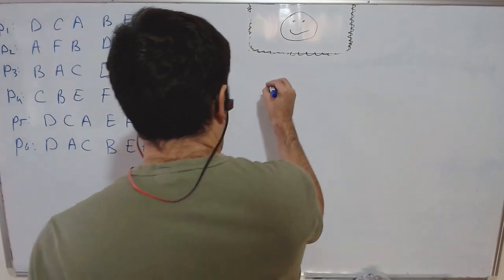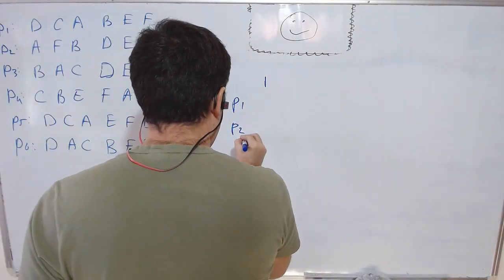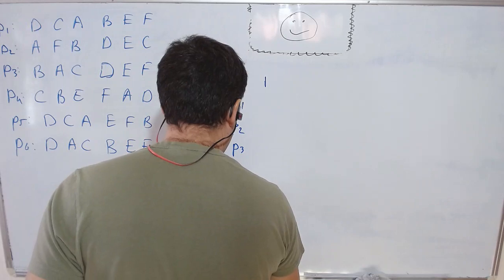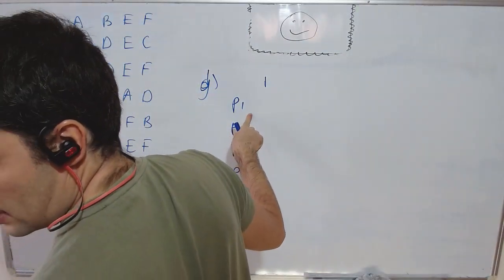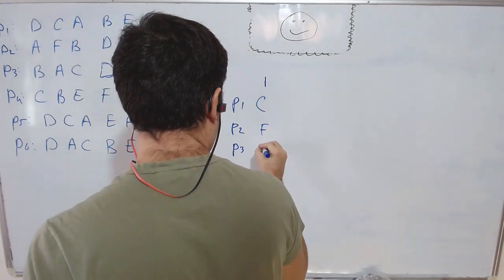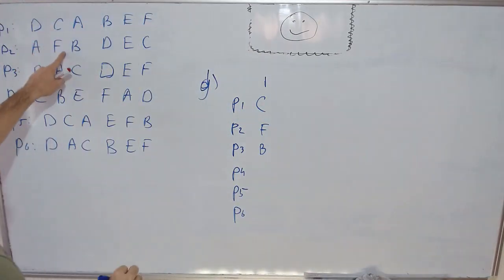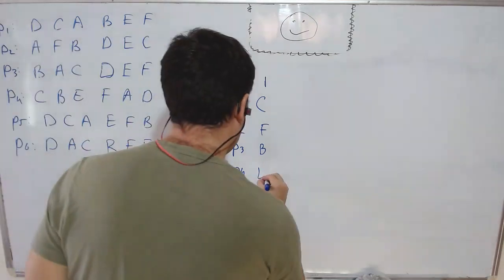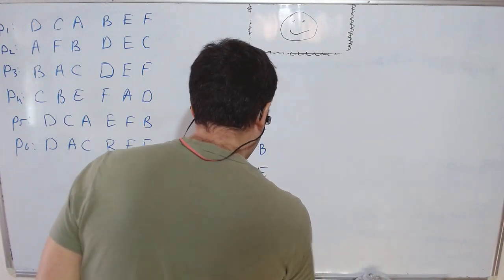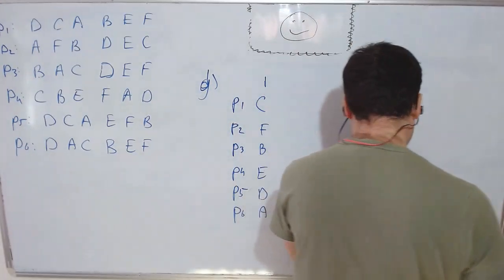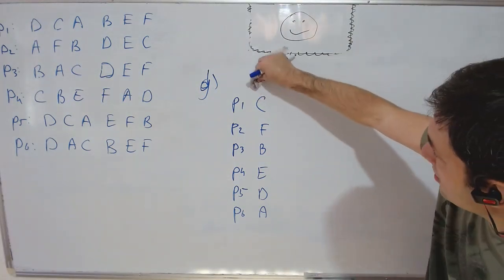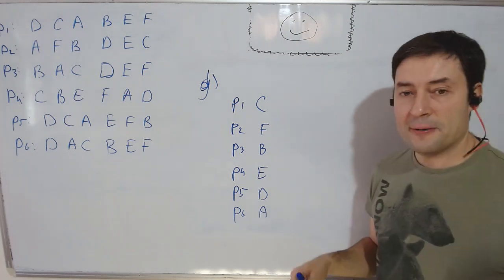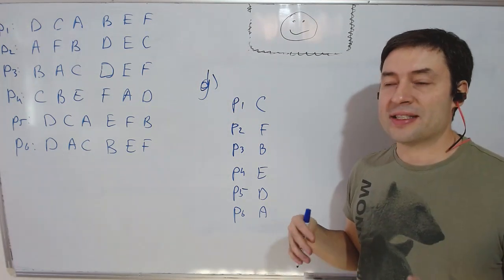So the outcome we have is, so probably, we need to put person 1 in C, F, B, E, D, A. So since there are a lot of possible assignments, the way I suggest you approach it is by making your life as easy as possible.